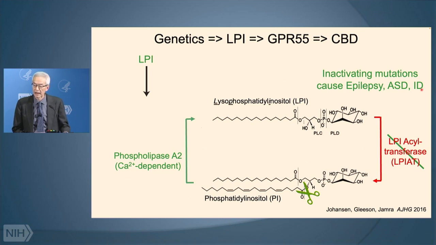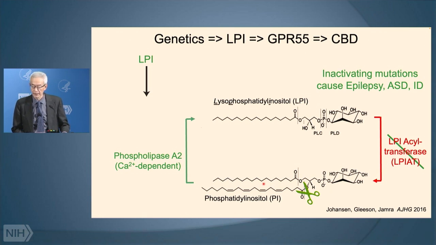So there was genetic evidence that the absence of breakdown or disposal of LPI could cause disease. However, the people who did the study interpreted it not in terms of the bad things that too much LPI would do, but rather the bad things that might happen if you had too little PI.